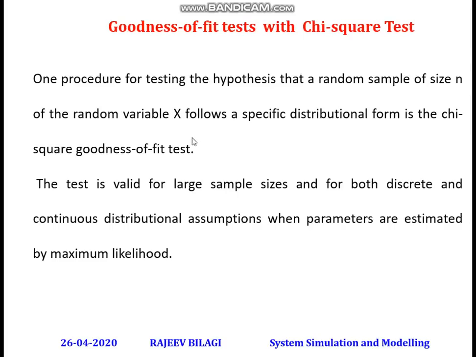Now, one procedure for testing the hypothesis that a random sample of size n of a random variable x follows a specific distributional form is the chi-square goodness of fit test. This test is valid for large sample sizes, and for both discrete and continuous distributional assumptions.